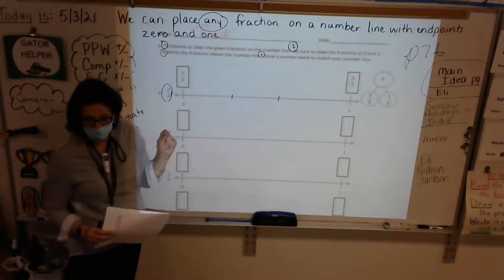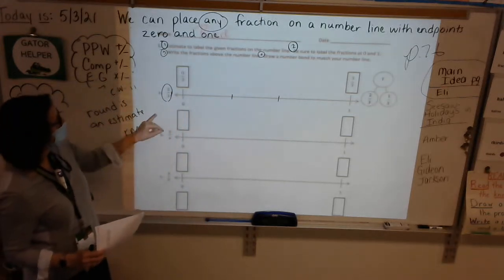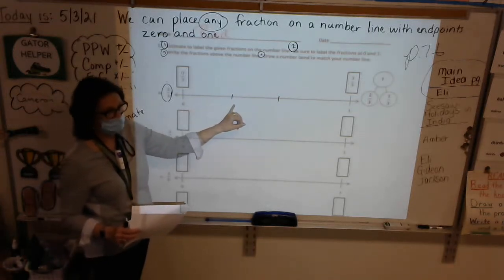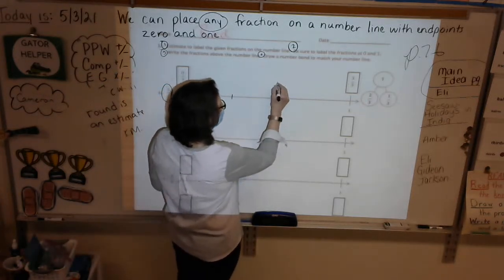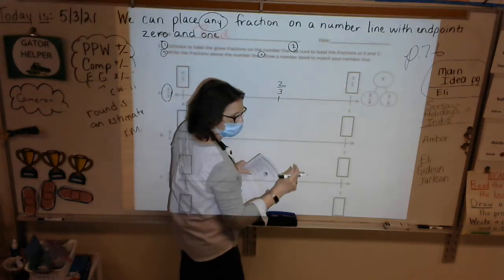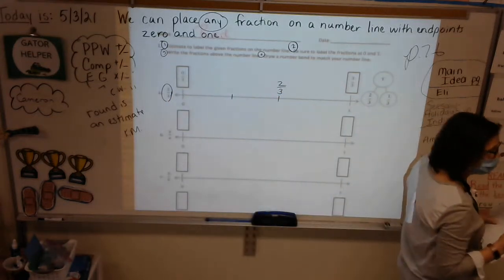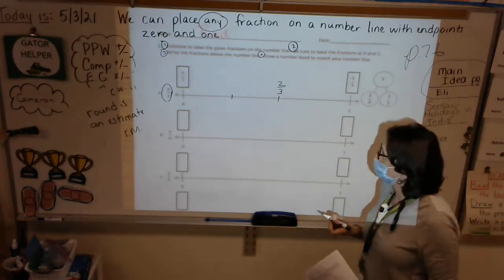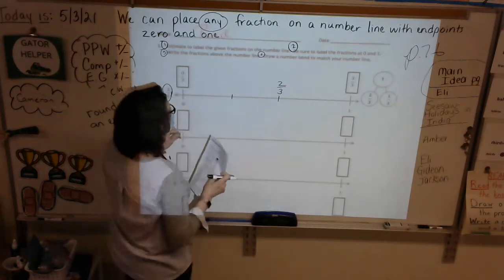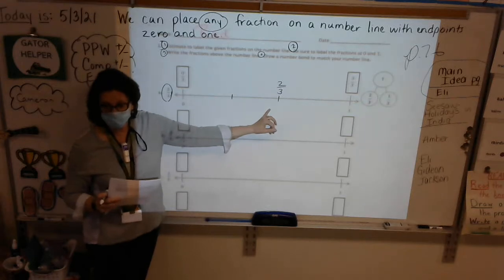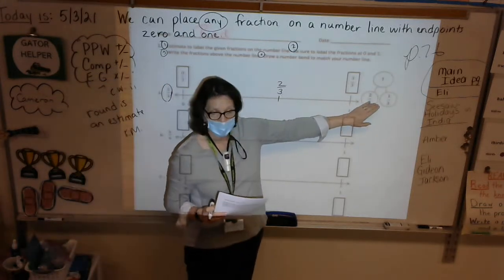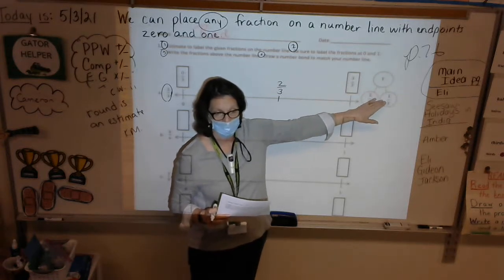I do not want you to put all of the labels on the number line. So if this is 0/3 class, we're going to count 0/3, 1/3, 2/3. Let's put our 2/3 there. There's a reason we're not putting all of the fractions on the number line. So if you did, I wish you would erase it. They wanted us to find the point 2/3, and then they're going to show us how we really have a number bond on our number line with part, whole.